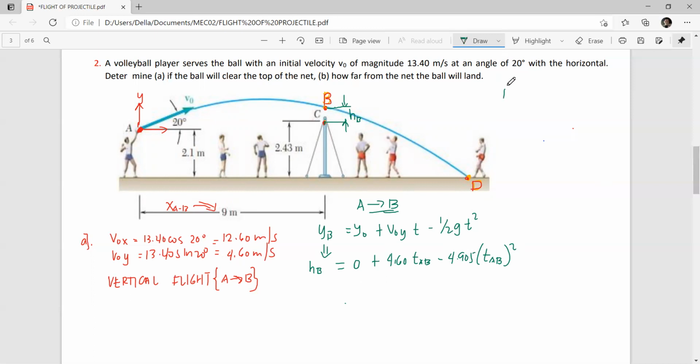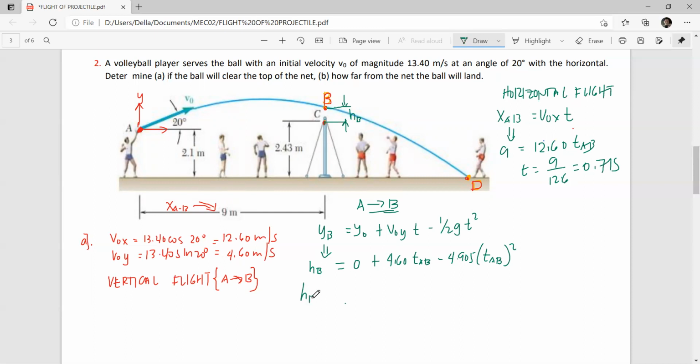But from the horizontal flight, we can determine the time, because x from A to B is equal to V0X multiplied by time. And this is equivalent to 9 meters equals velocity along the x-axis, 12.60, times t. So from A to B, the time is 9 over 12.6, and that is 0.71 seconds.